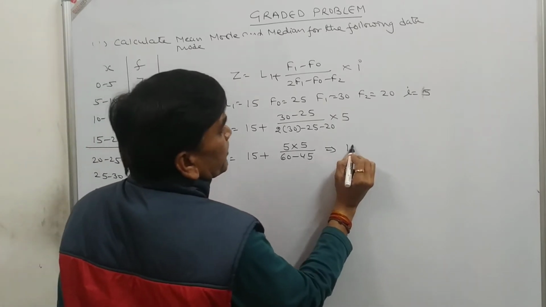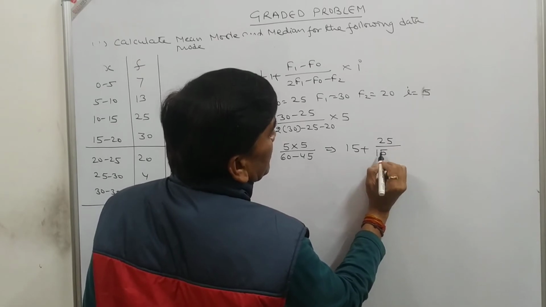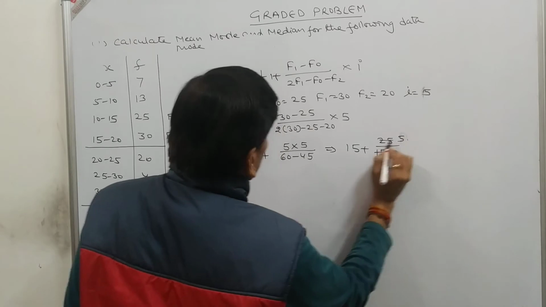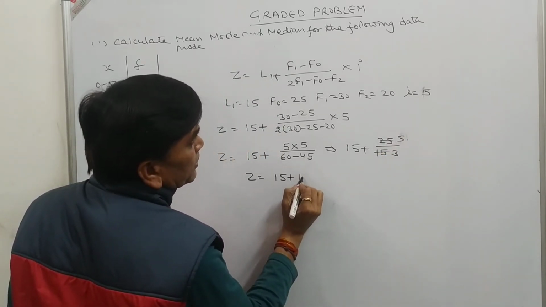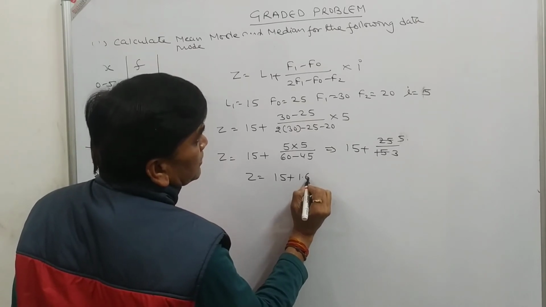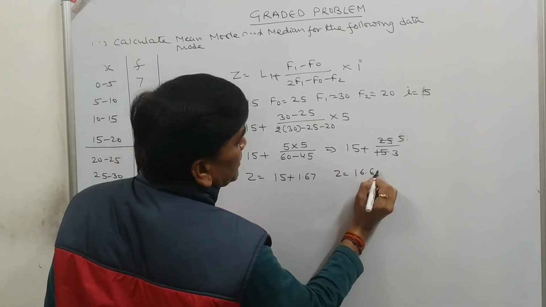So that will be 15 plus 25 divided by 15, that is 5 by 3. So the value of Z is equal to 15 plus 1.67, so the value of Z is equal to 16.67.